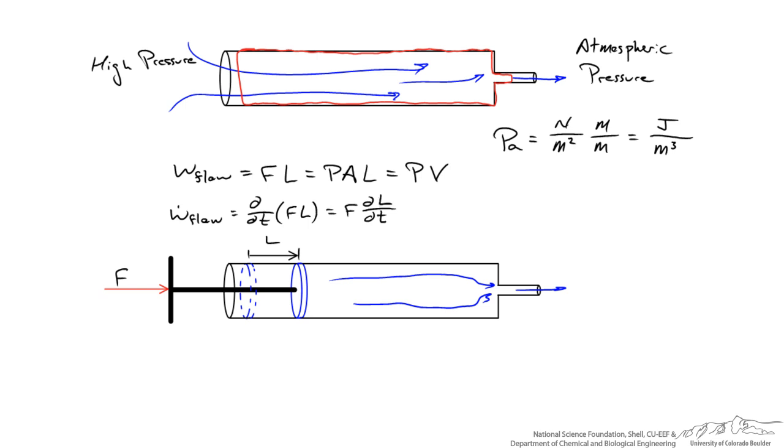And again, writing that force is simply the pressure times the area, PA times dL/dt, where dL/dt now is the rate at which the plunger is being depressed from left to right. The area is a constant, so I can put that in the derivative, and that's equal to P times dV/dt. The rate at which flow work is being done is the pressure on the upside of the plunger multiplied by the volumetric flow rate of fluid flowing through this device.